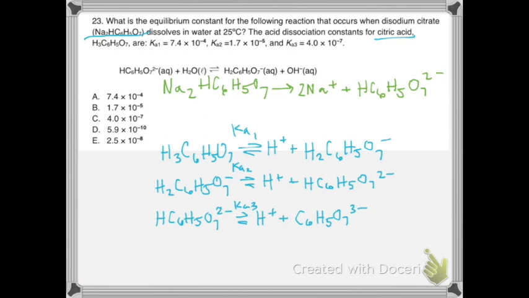Well, hey, what do you know? That looks like the conjugate base from that second dissociation. And in this reaction, we see a base hydrolysis, right? Where we take that conjugate base and mix it with water to form hydroxide. So the equilibrium coefficient for this would be kind of like Kb2.